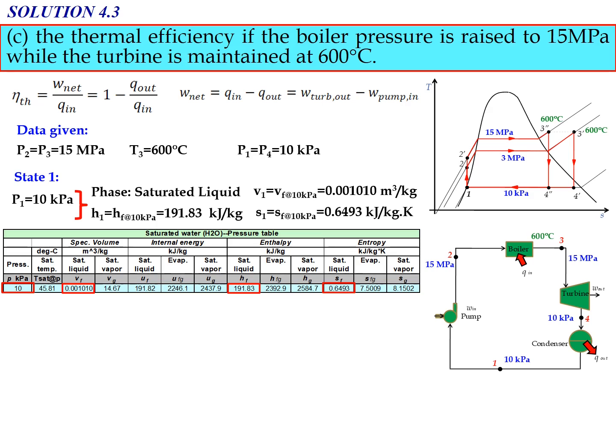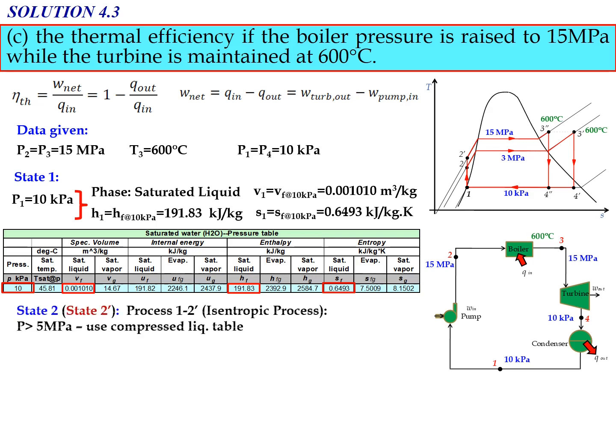So S1 will be equal to 0.6490 kJ/kg·K. The other values of H1 and V1, we can use the values that we already obtained from question A or question B. So the values are still the same because the data doesn't change. Just for question C, we need to add one more data in terms of S1.